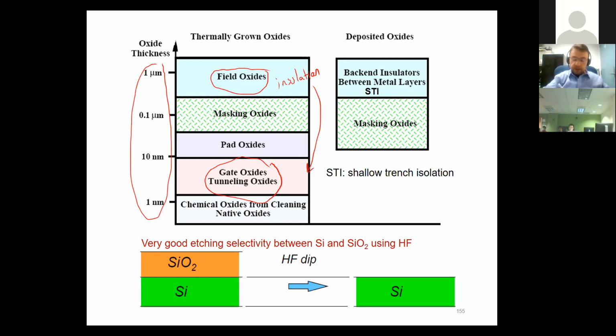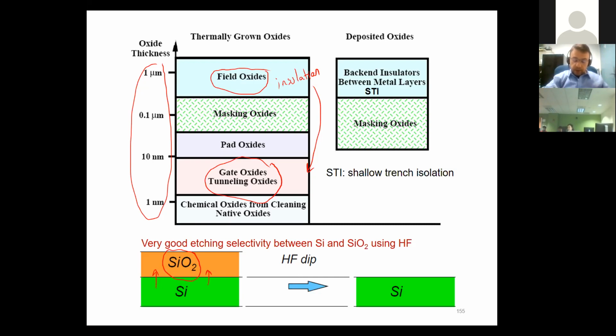The good thing about silicon dioxide is that, as a native oxide, it already forms on the top without putting a lot of tension on the underlying layer. It just gradually grows by itself, even in a normal room temperature environment.